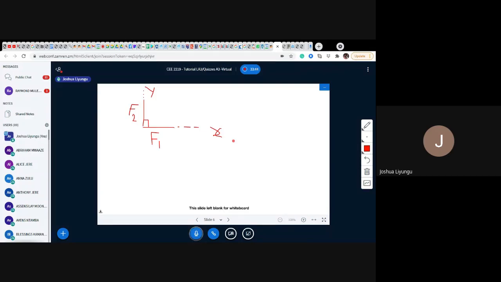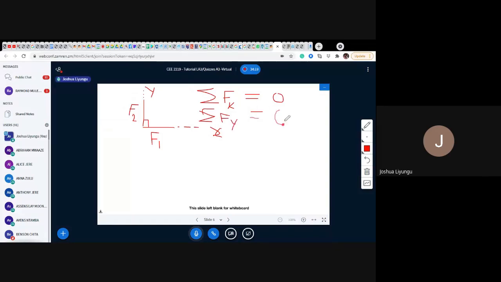When I apply my basic equations of equilibrium, summation of forces in the X should be equal to 0, and you do the same, summation of forces in the Y would be equal to 0.